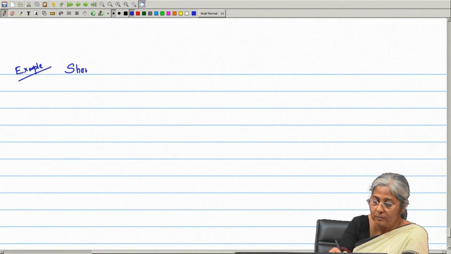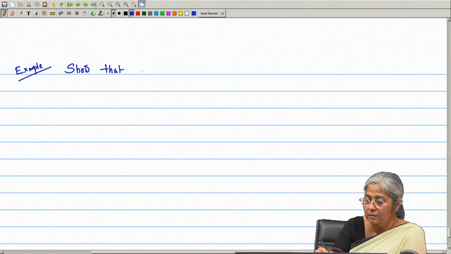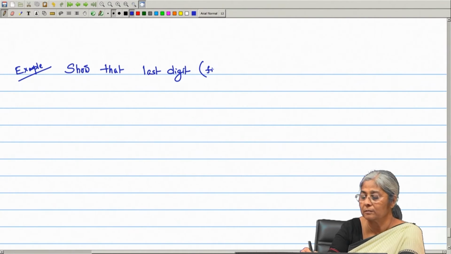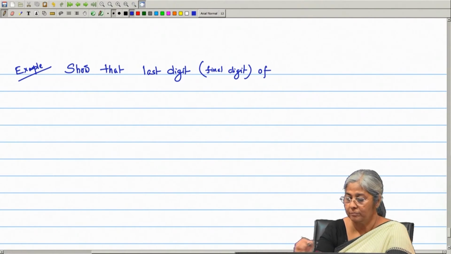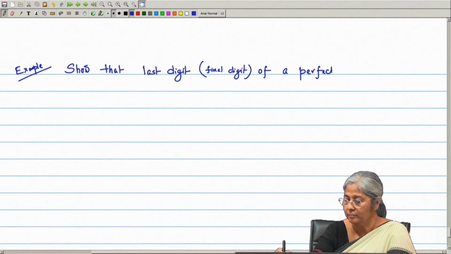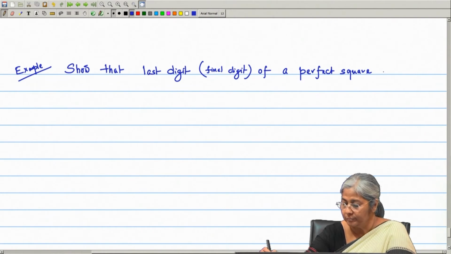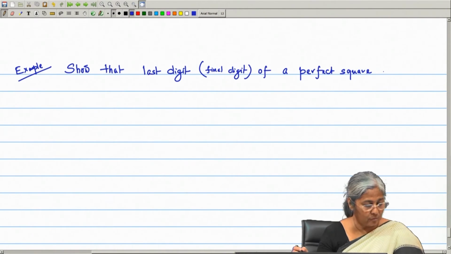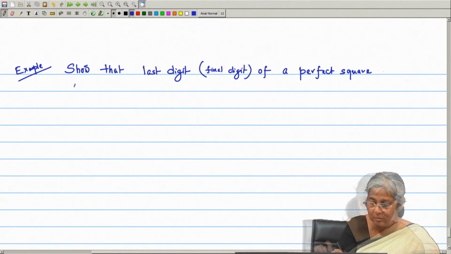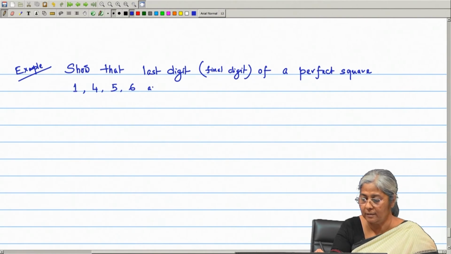Show that the last digit, or sometimes we call it the final digit, of a perfect square is confined to some digits, and they are 1, 4, 5, 6 and 9.